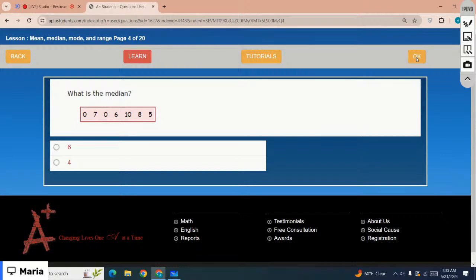What is the median? So again, you need to calculate the median. You just have to arrange them from least to greatest. So which is the correct option?